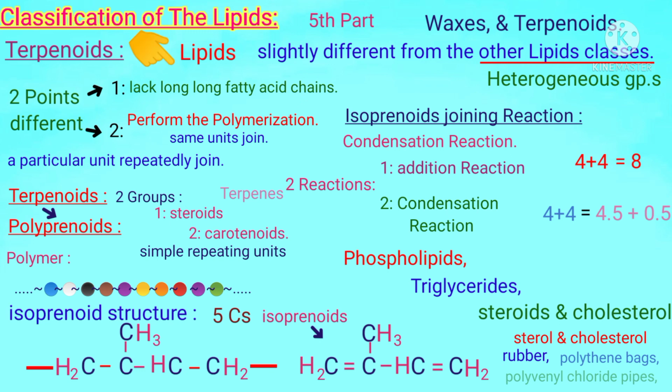So students, this is our fifth and last part of the classification of the lipids, in which we have discussed waxes, the function of the waxes, and the terpenoids, along with the polymer term and the recognition and identification of alkanes in much more detail. As well, students, we have also studied in this video lecture that the terpenoids are actually the polyprenoids.